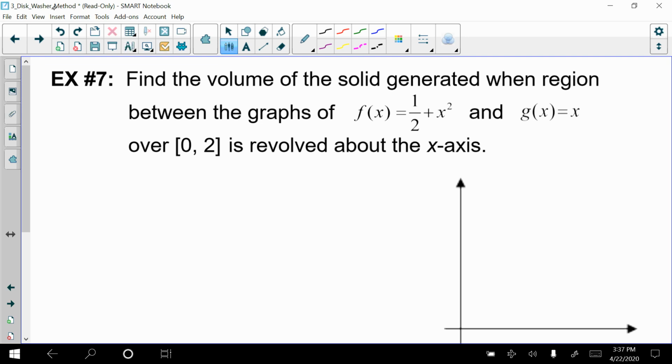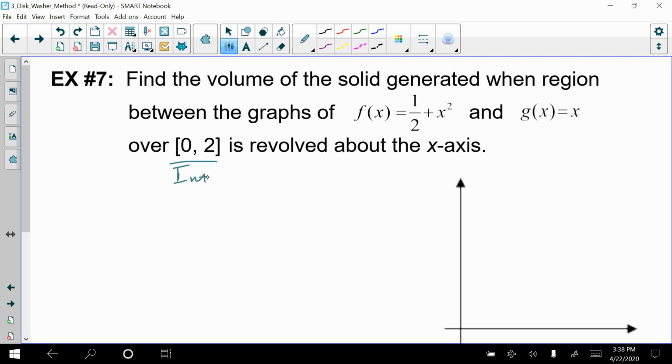Example 7 says find the volume of the solid generated when we have a function f of x equals 1/2 plus x squared and g of x is equal to x over the interval 0 to 2 revolved about the x-axis. So a couple things straight away that we notice is that the interval is identified for us.